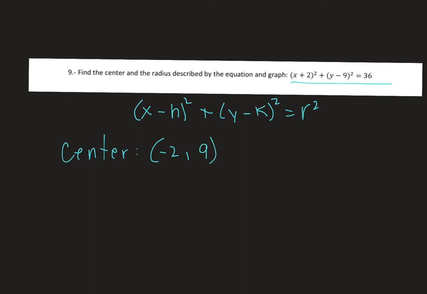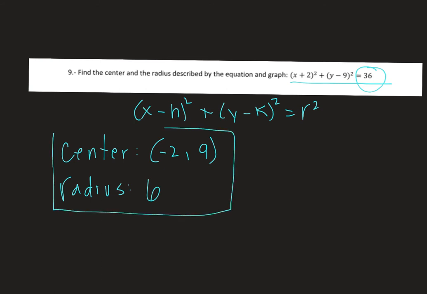So there's my center, negative 2, 9. Now my radius is found by the part that it equals. So I have equals 36. So in this case, what squared is 36? That would be 6. And there's my center and my radius.